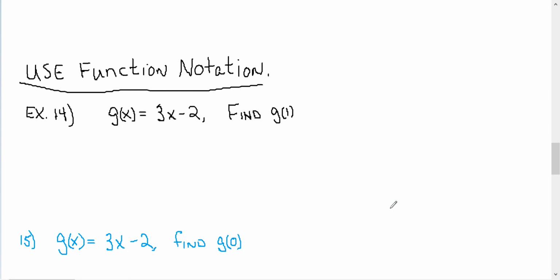All right, let's use our function notation. Example 14 says g of x, another name instead of f, it's g. G of x equals 3x minus 2. Find g of 1. So I'm going to replace the x with 1 in this equation. And it's going to be 3 times 1 minus 2.